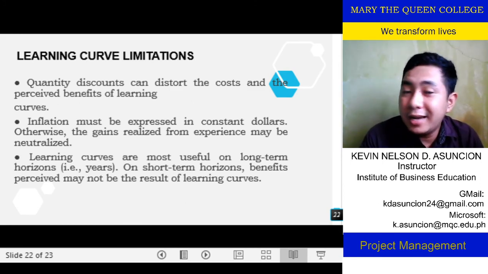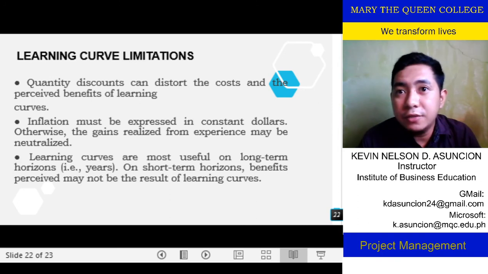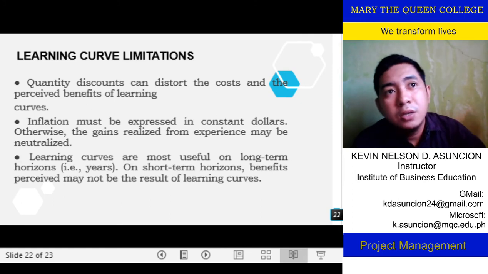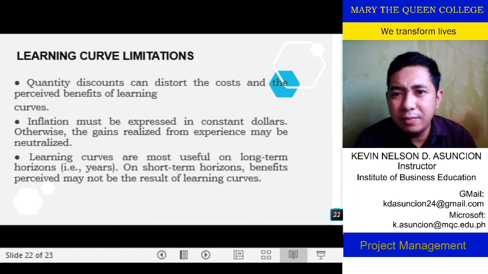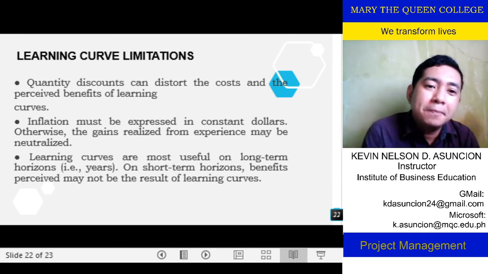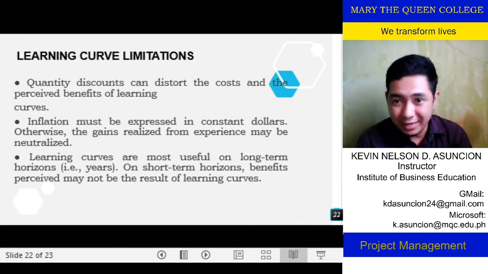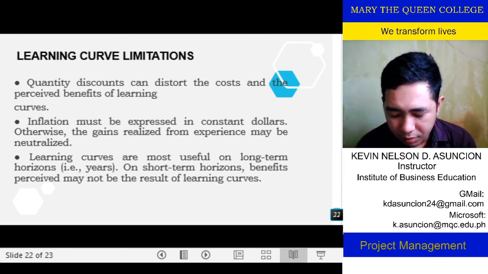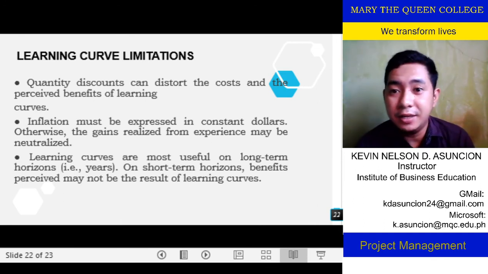So kasali yung inflation dyan because direct labor hours and overhead hours plus the cost of materials are also affected by inflation. So let's say kung tumaas man yung production pero dahil mataas pa rin yung cost of resources and cost of labor, it will be neutralized. You cannot achieve that purpose yung sinabi natin kanina, no?